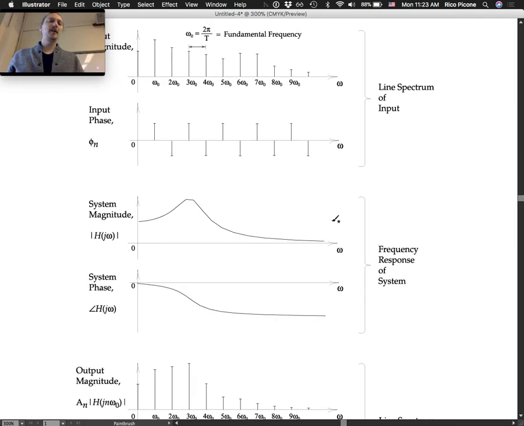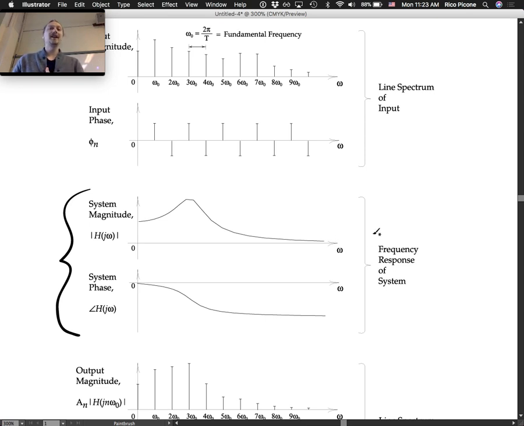And how you would do that is you put it through a frequency response function. So let's look at this Bode plot here. We'll talk more about it in a minute. That at high frequencies has a small magnitude. That means that whenever you have a component that comes in at a high frequency, it gets multiplied by a small number. And so on the output, that component's a lot smaller, right?